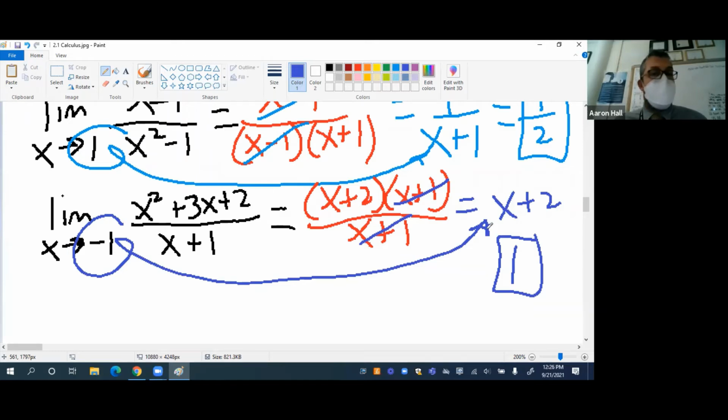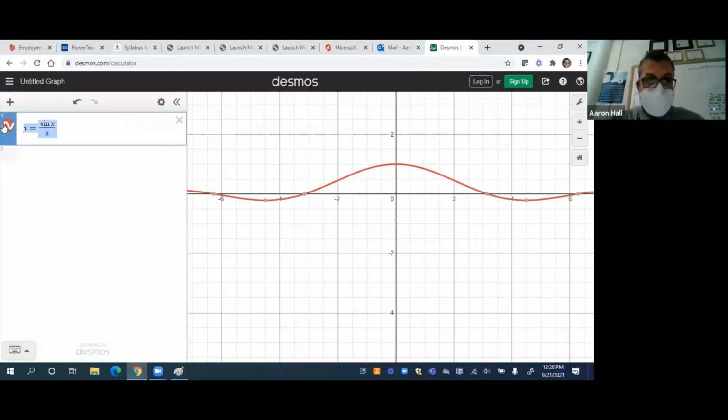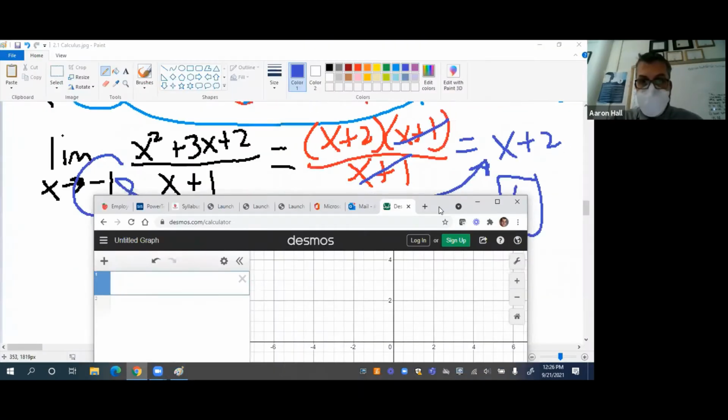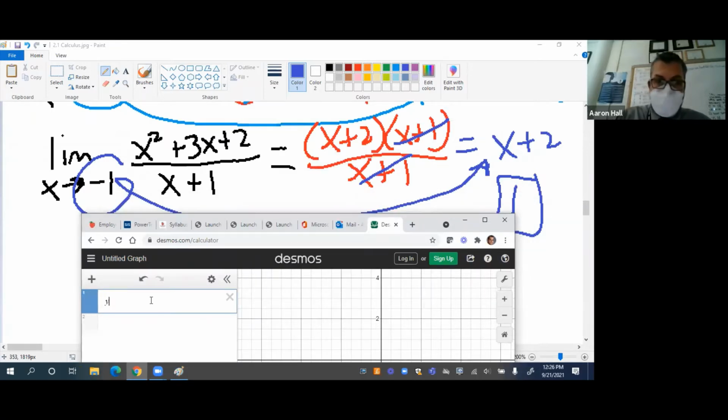Would it help if I graph it? Do you want to see it graphed? Okay, let's see whether this is true. Let's go to Desmos. So my function is x squared plus 3x plus 2 over x plus 1. Was this indeterminate? If you plug in -1, do we get 0 over 0?